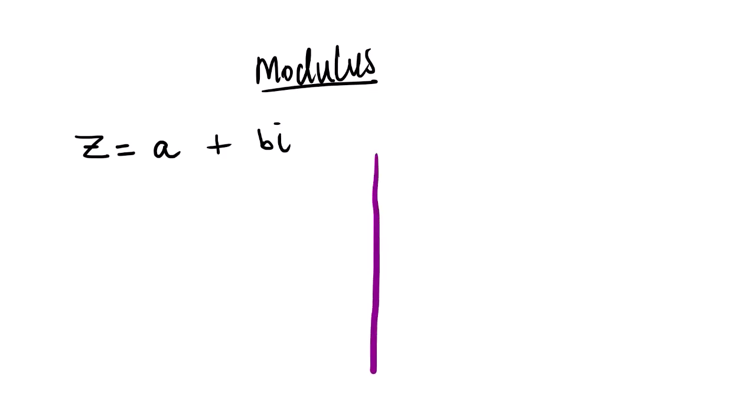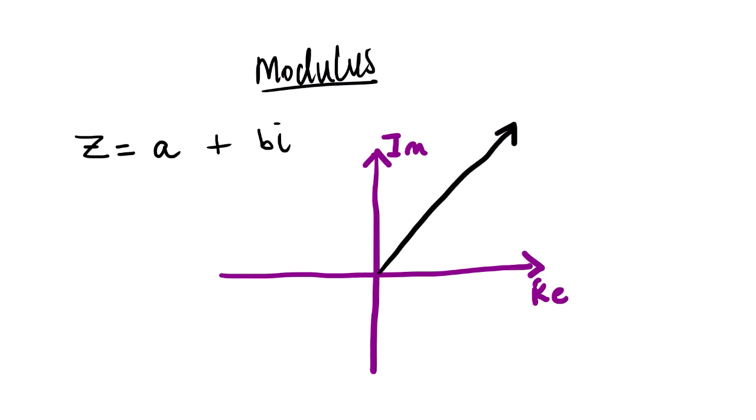Suppose we have this Cartesian plane. We know that from algebra we normally denote this as y and x axis. In complex numbers we have Im and Re. And then this is our complex number z. Then complex number z is composed by two sides which form 90 degrees here.